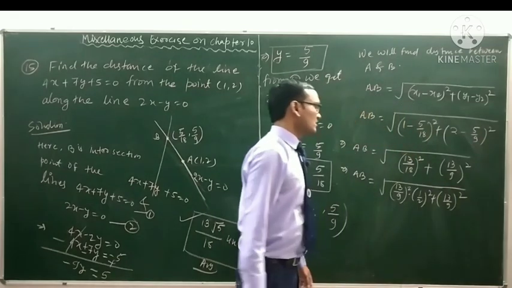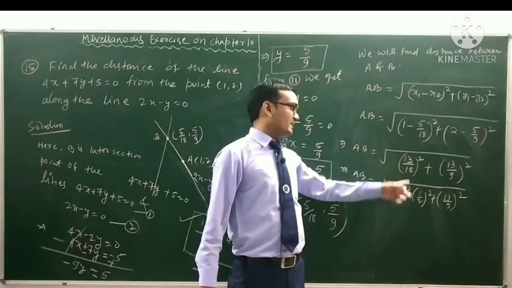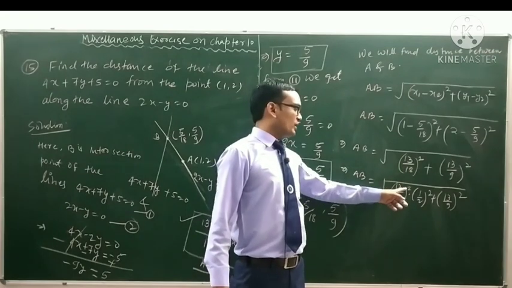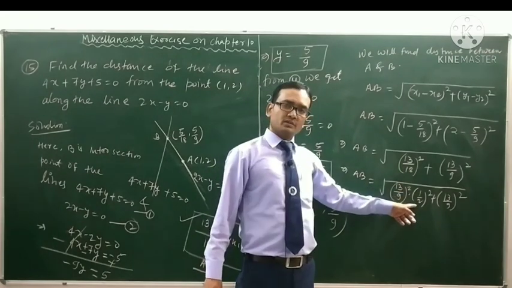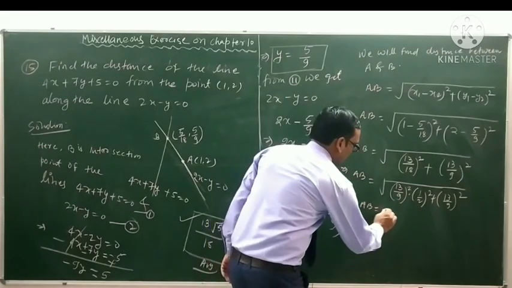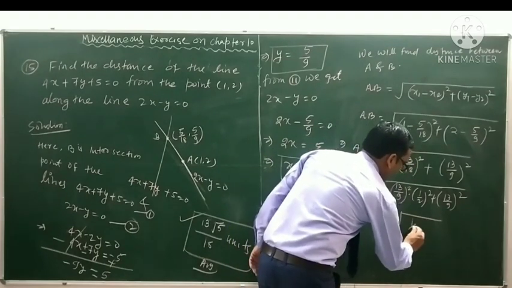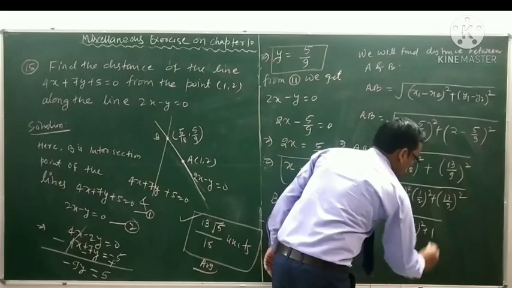Here 13 by 18 whole square is written as 13 by 9 whole square into 1 by 2 whole square. So AB equals 13 by 9 square root of (1 by 2 whole square plus 1).